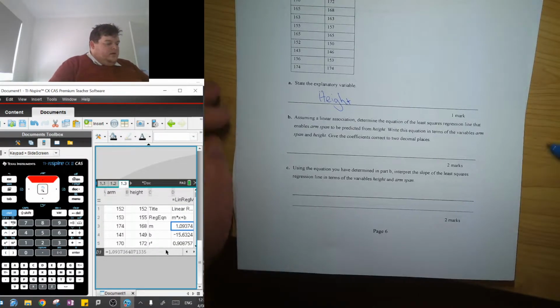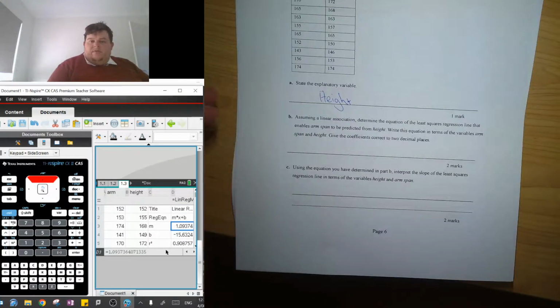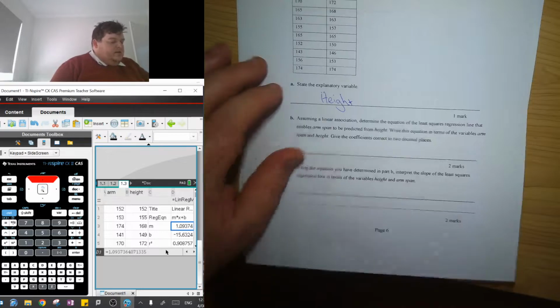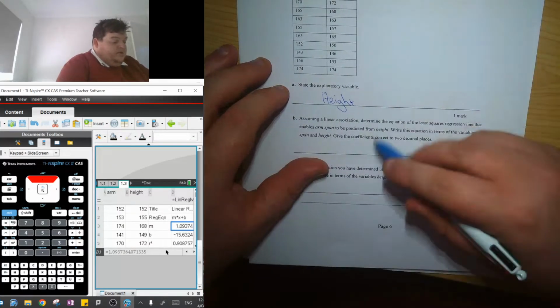So what I'm going to do is write this out, but rather than using m and b and y and x, I'm going to use the proper variables here.